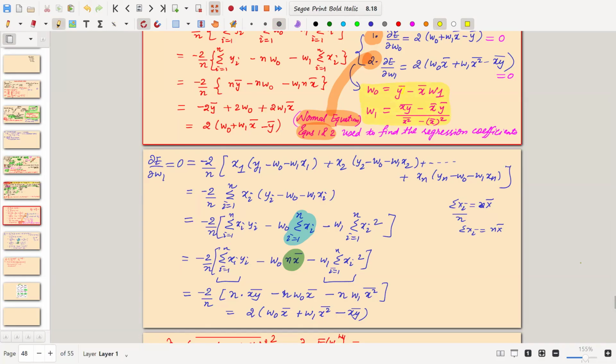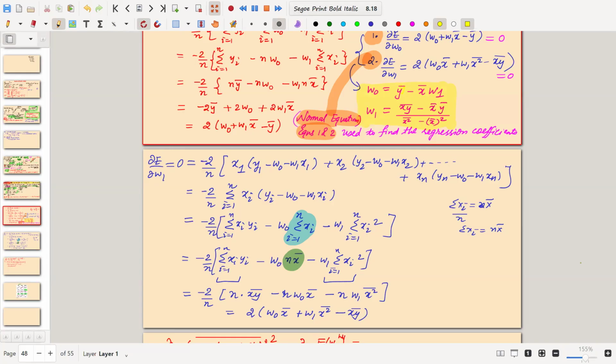Through a minimization argument, we can actually find the regression coefficients, and they depend solely on the means x bar, y bar, the mean of x square, and the mean of xy.